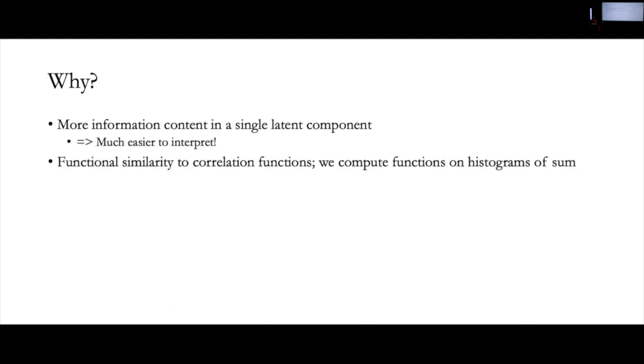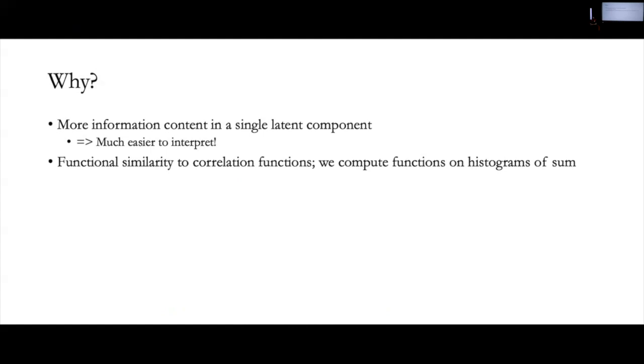The reason we want to do this is you get more information content in a single latent component. If you're doing just a summation in this high dimensional latent space, you're losing a lot of information by just summing. But if you take a histogram, you preserve a lot of the information because you get a full histogram. It's much easier to interpret, and there's a lot of functional similarity to summary statistics in cosmology.